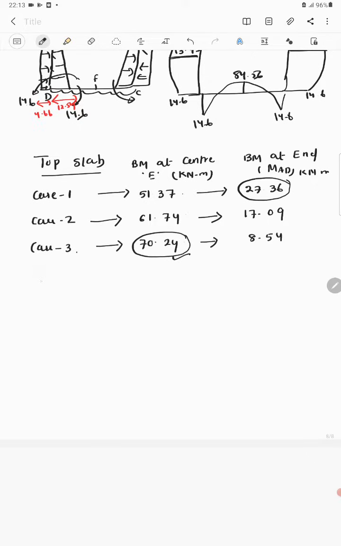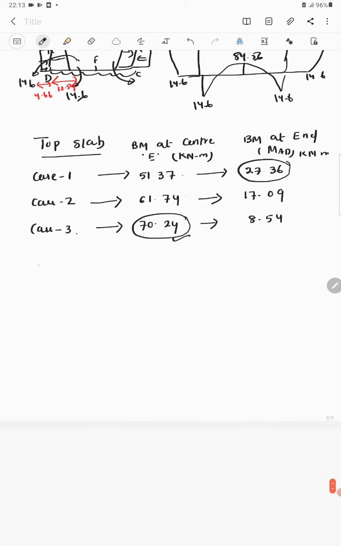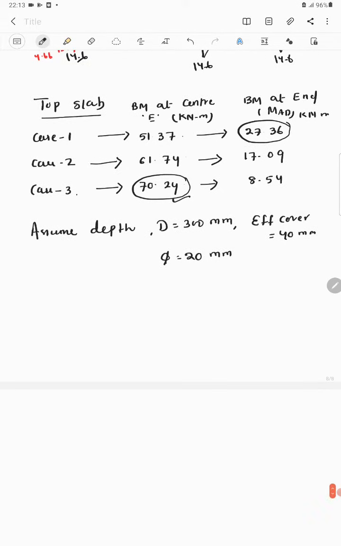Now we have to assume the depth of the slab. Assuming a depth of 300 mm, the effective cover is equal to 40 mm, and we'll use a bar diameter of 20 mm. What is the effective depth? 300 minus 40 minus 20 by 2.